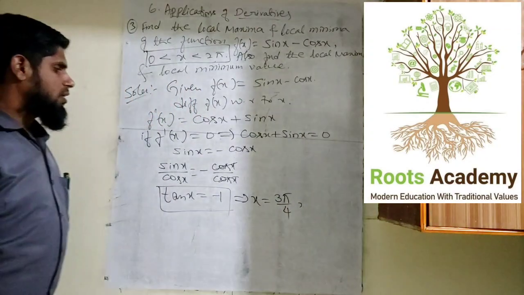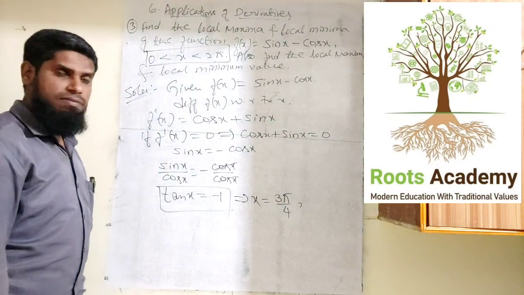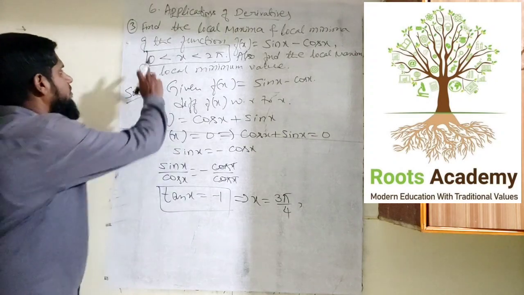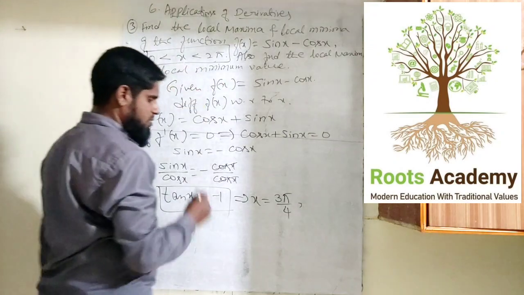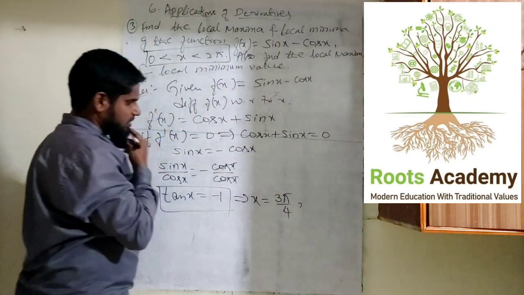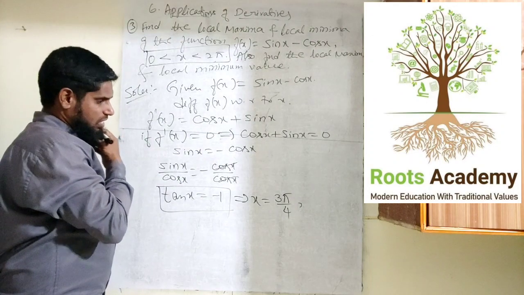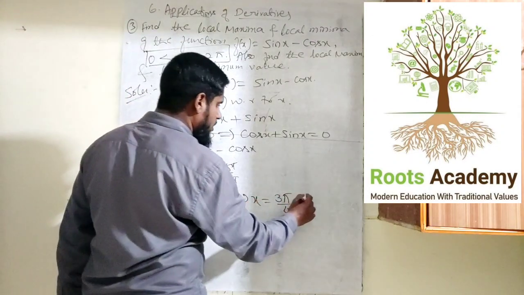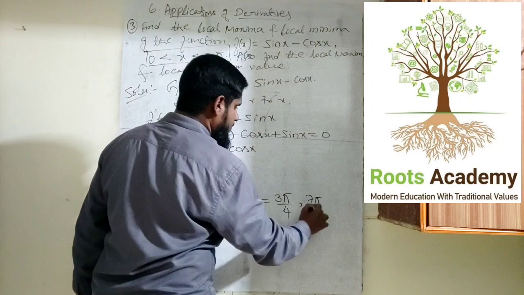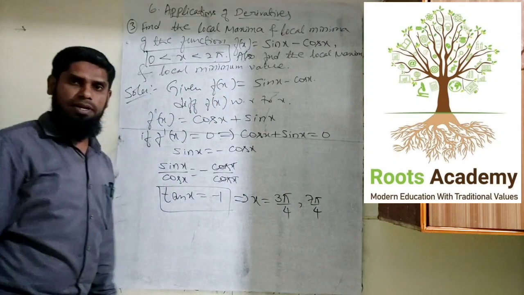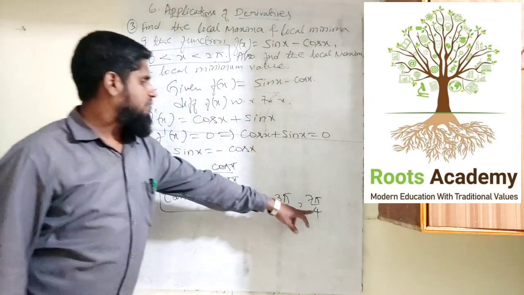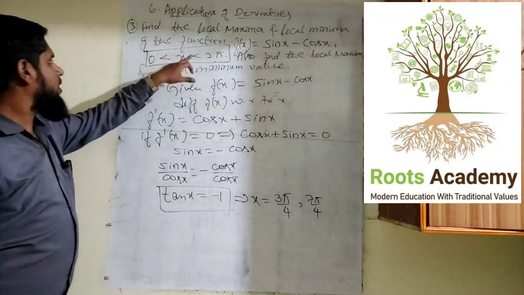Next, the second quadrant is over. The other angle is 7 pi by 4, which is also possible here, because 7 pi by 4 comes in the fourth quadrant, but it is less than 2 pi.